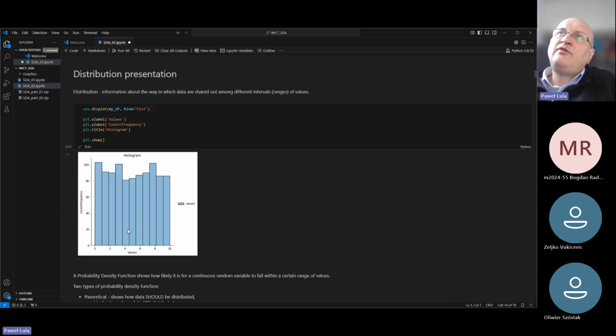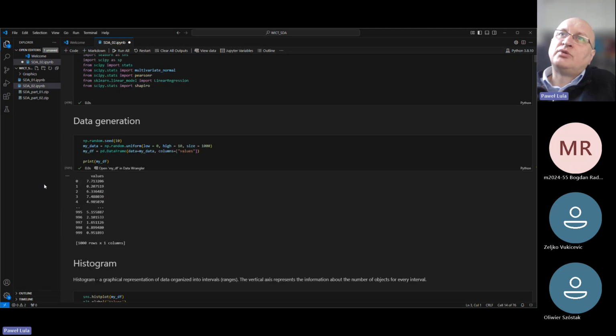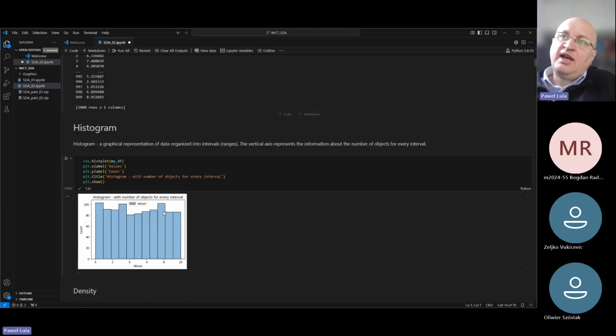So for every point, how to do it? We can draw an x-axis to mark every point which we have in our data set, 1,000 points.